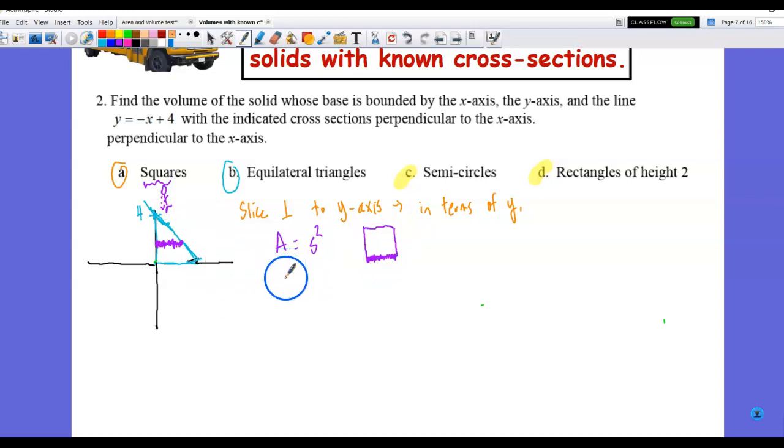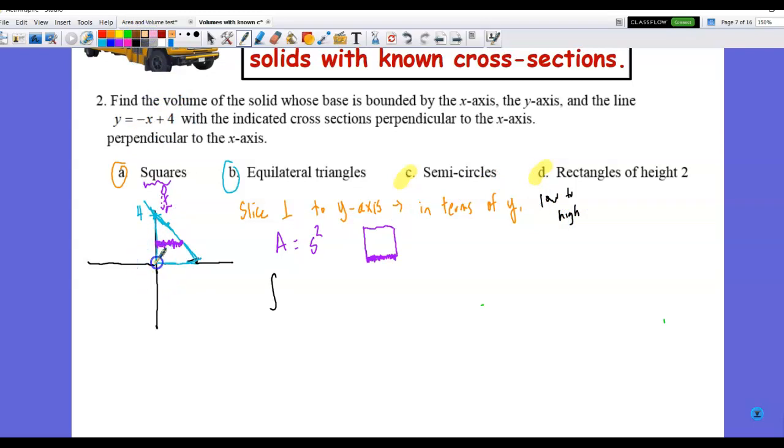So I'm going to accumulate a series of areas of squares, but we're in terms of y, so in terms of y it's low to high.